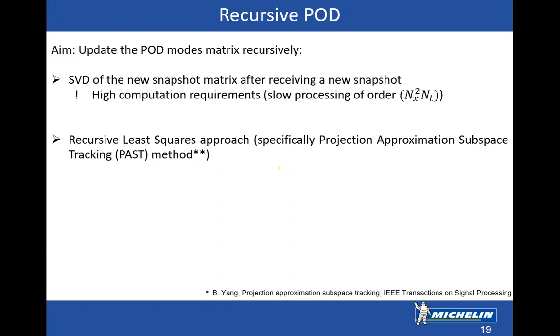But doing an SVD of n_x by n_t, which is increasing, at every instant suffers from high computational requirements, which means slow processing, of order n_x squared by n_t. So what we introduce is a recursive least squares approach. Specifically, it is based on the projection approximation subspace tracking, which is the PAST method.